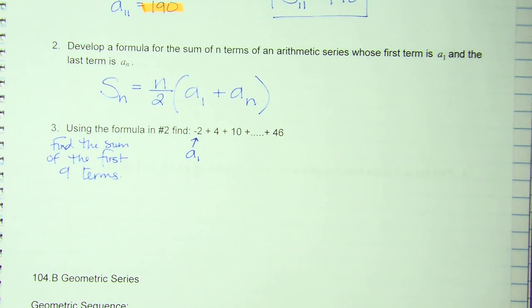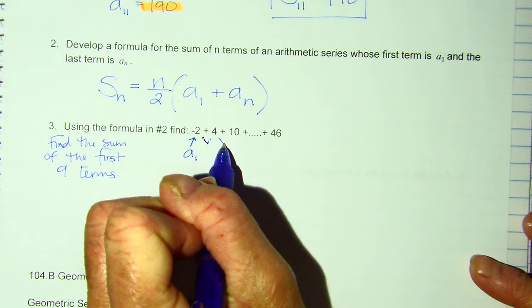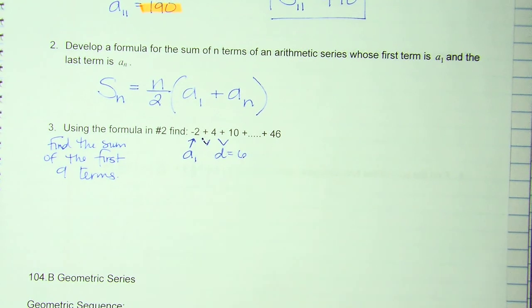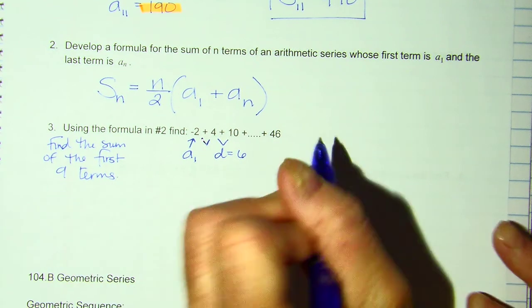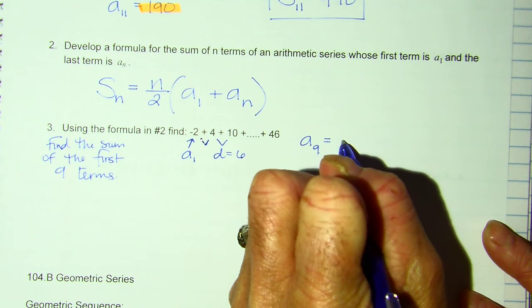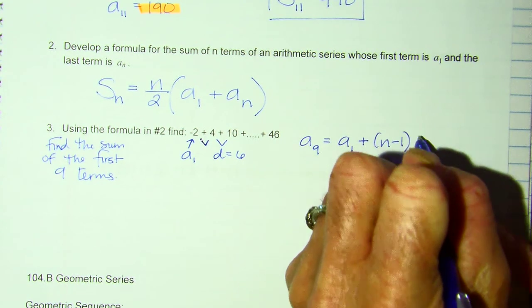All right, so I know A1. Now, if I'm looking at these terms, my common difference is a positive 6, right? I'm adding 6 to -2 to get 10. So I need to find A9. I know my first term, A1, plus n minus 1 times d.